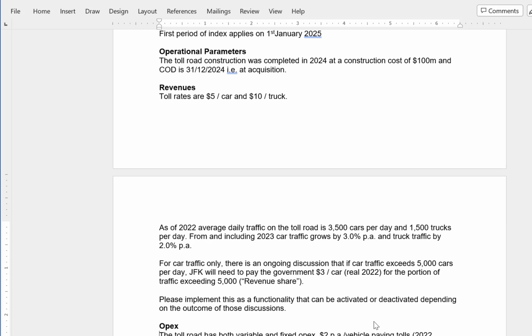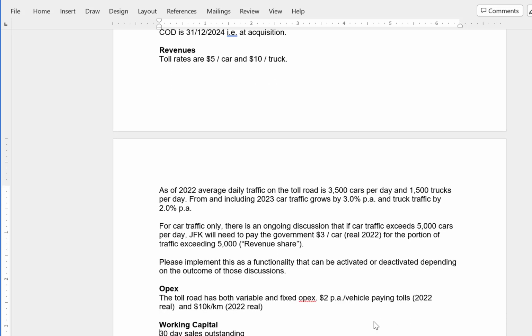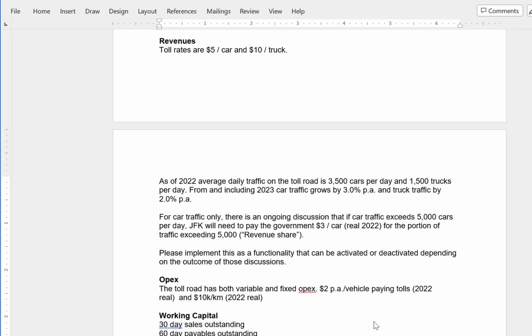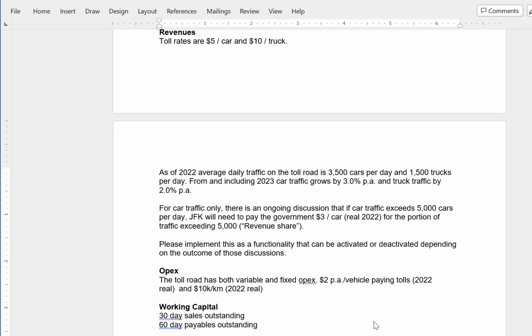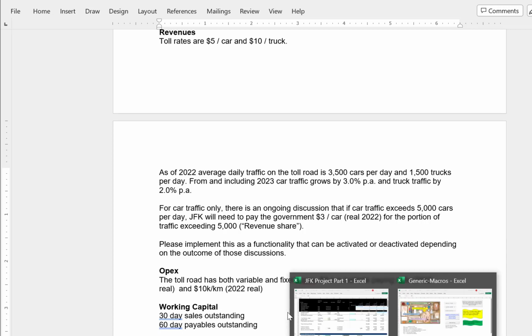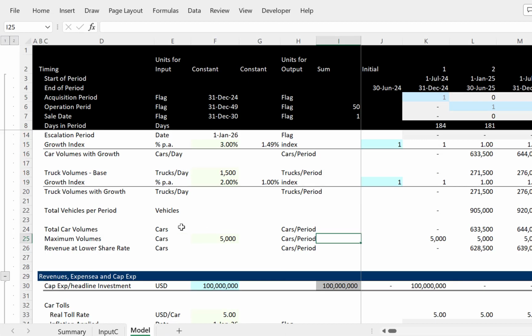Just where in the heck was the... Here it is. This is where I got my 3. There's an ongoing discussion that if the car traffic per day, then the government pays a 3. So we really have to fix this.